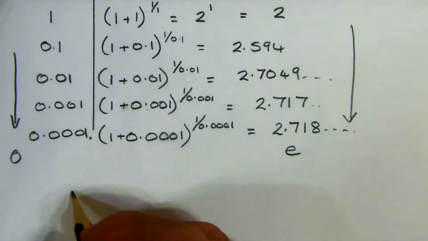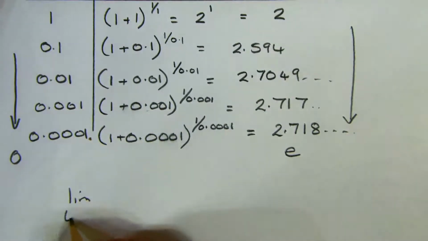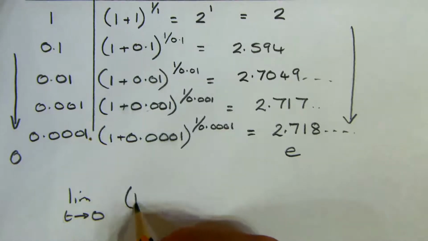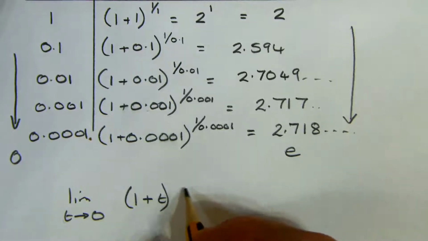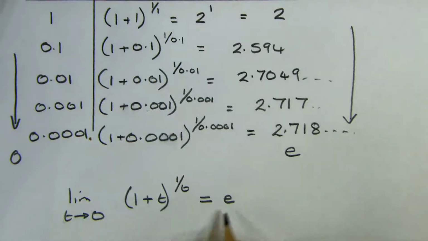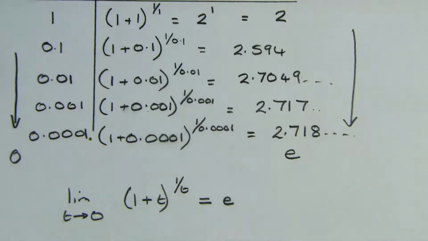So let's write our summary down here: the limit as t approaches 0 for the function (1 plus t) to the power of 1 over t is going to tend towards e. And this is a very important key result for us.